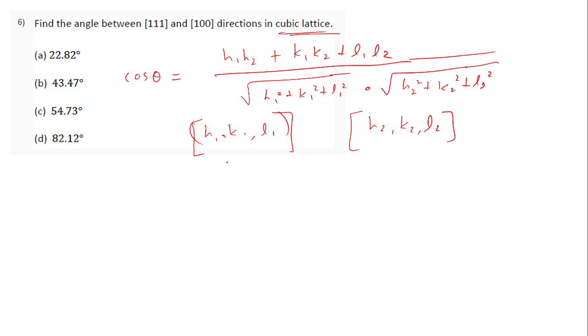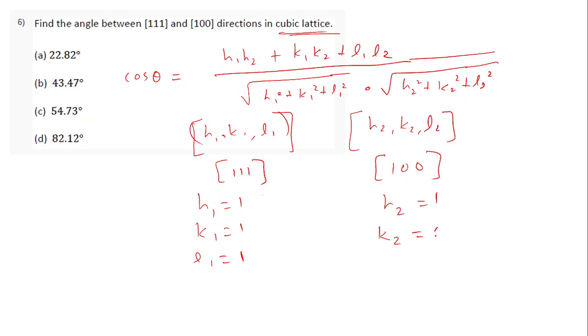So here this is 111, and this is 100. That means h1 is 1, k1 is 1, l1 is 1, h2 is 1, k2 is 0, l2 is 0.